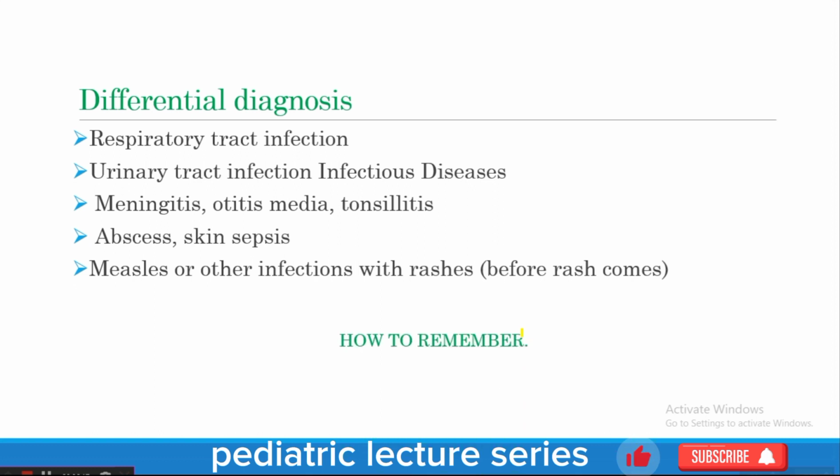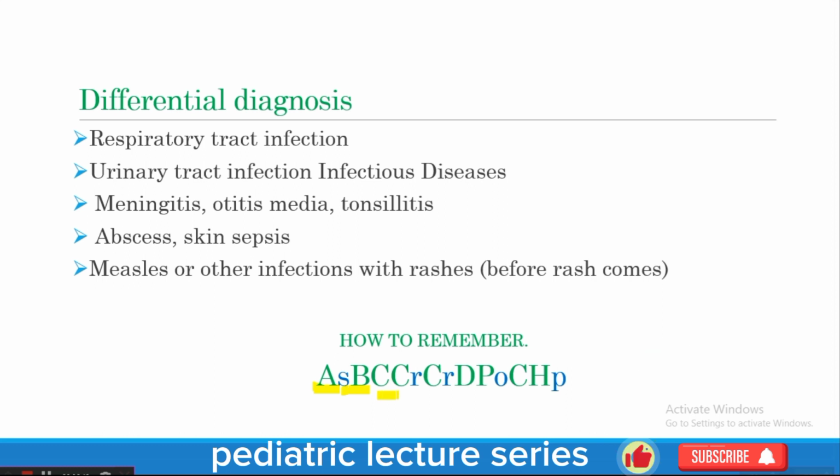So how do you remember the features of complicated malaria? In summary, it's ABC. Remember, with A, B, C, D, and so on. So A is for acidosis. B is for spontaneous bleeding.